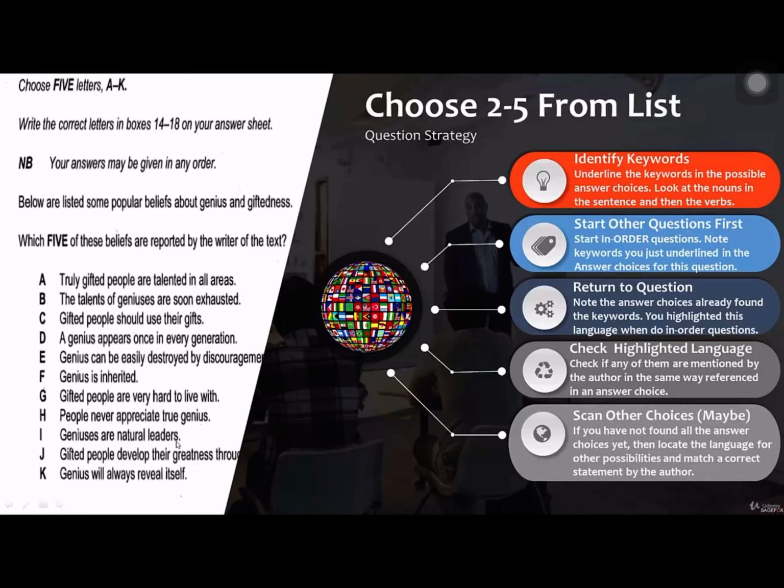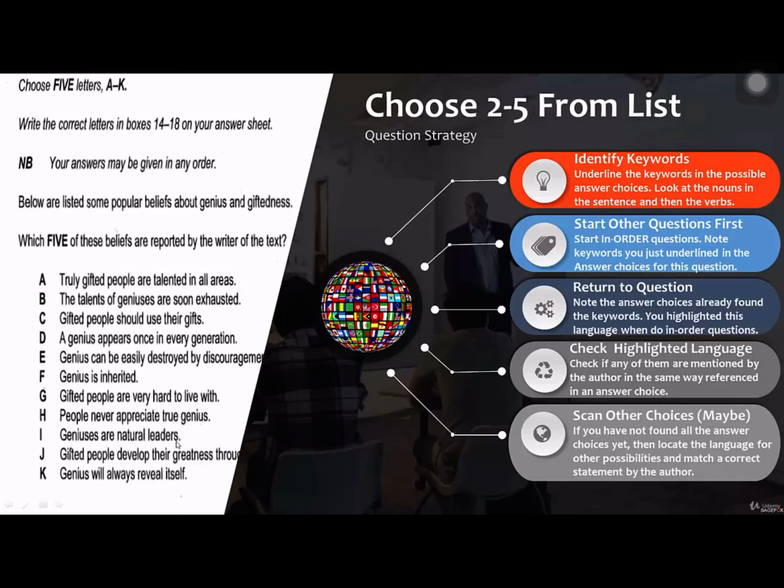Because what you want to do is, while you're doing the fill-the-blank question or the summary question, keep your eyes open for those keywords that you just identified in A through K. While you're doing the other questions, if you come across those keywords, circle them or highlight them so that you're able to come back and confirm if it's one of those beliefs that's reported by the writer.